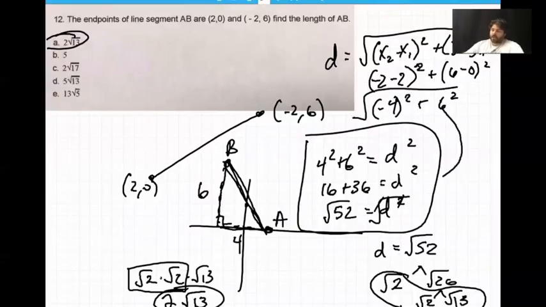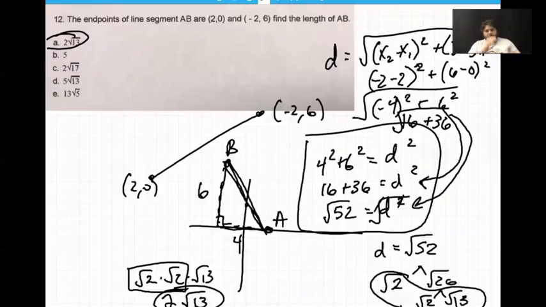So you get the square root of 16 plus 36, which is exactly what you get here, the square root of 52, which of course simplifies to be the same thing. So either use the distance formula or just realize it's Pythagorean theorem, draw a little picture, think about counting how far over and up. That's your A and your B. Your C will be your distance here. And that's pretty easy to do.